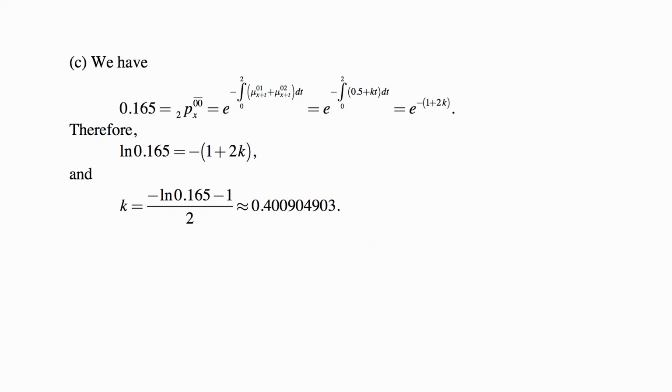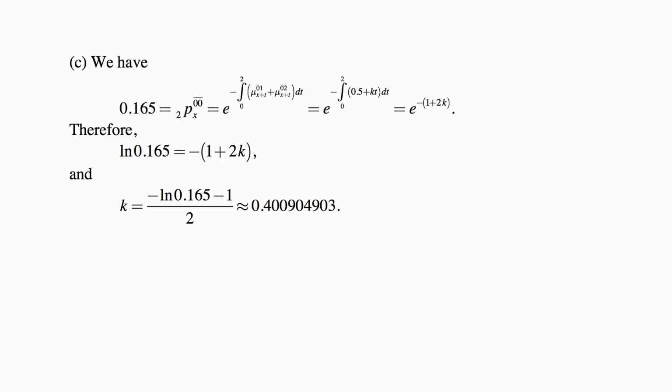For part C, we have that 0.165 is equal to 2px00 with a bar above it. Well, that probability is the probability that a person is in state 0 at the beginning and remains continuously in that state, which means that the force of transition out of the state never took it out. So the person survived that force.